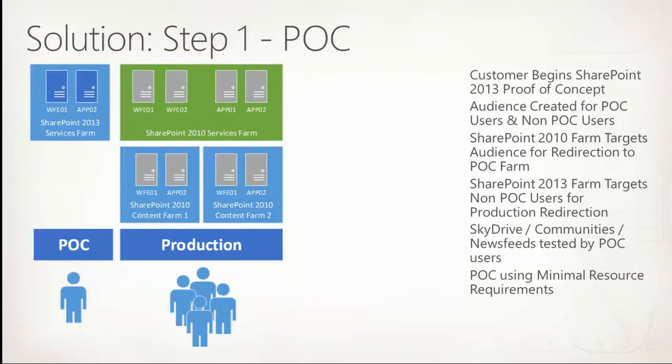So normal user Chris Johnson, that we're going to see later, if he's not part of the POC, won't see SharePoint 2013. We're not going to add additional complexity. We're just going to try and keep the experience as vanilla until we reach the pilot or the production phase. We're also going to start field testing the social features and see how the reception is with SkyDrive and some of the new features.